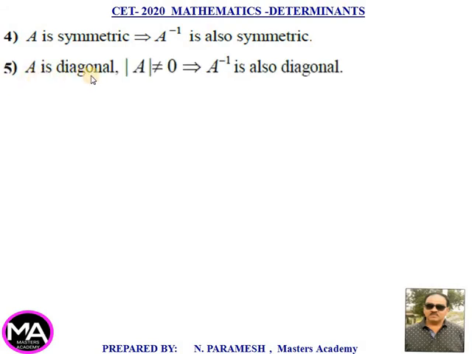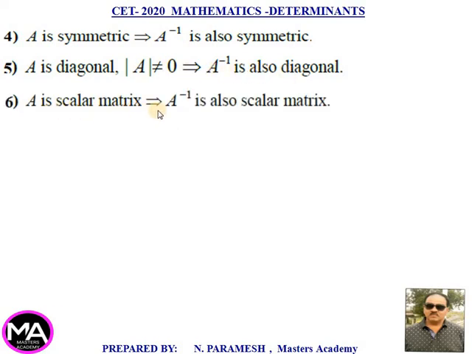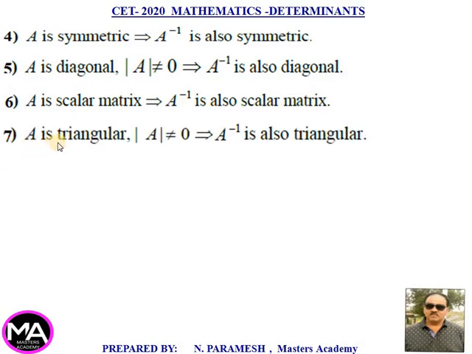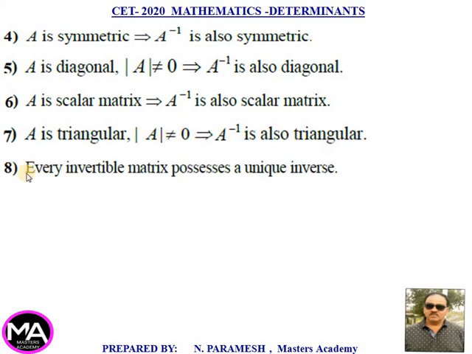Fifth point, A is diagonal, determinant A is not equal to 0, which implies A inverse is also diagonal. Sixth point, A is scalar, which implies A inverse is also a scalar matrix. Seventh point, A is triangular, determinant A not equal to 0, which implies A inverse is also triangular. Eighth point, every invertible matrix possesses a unique inverse.